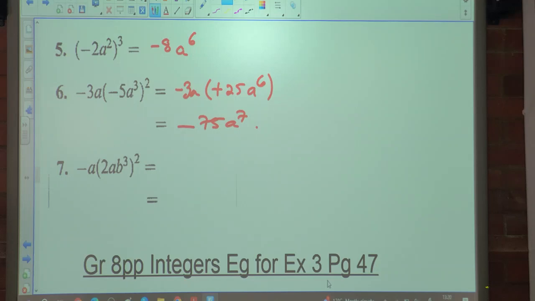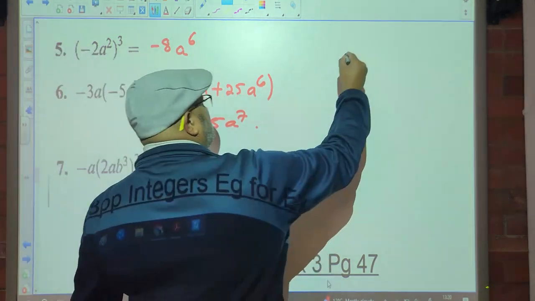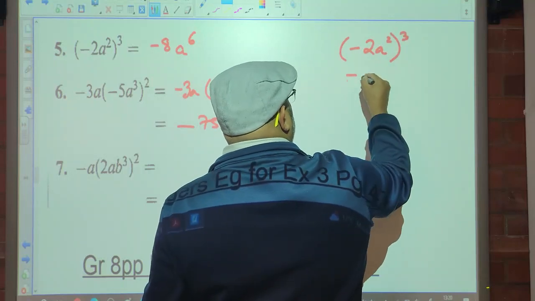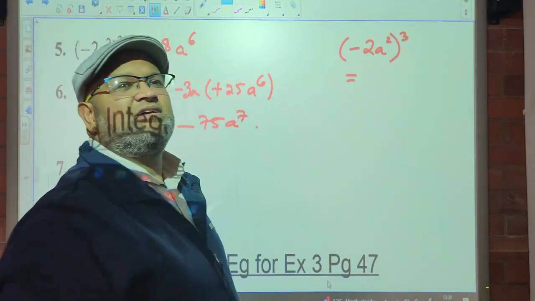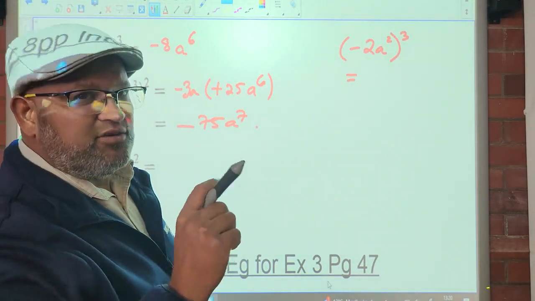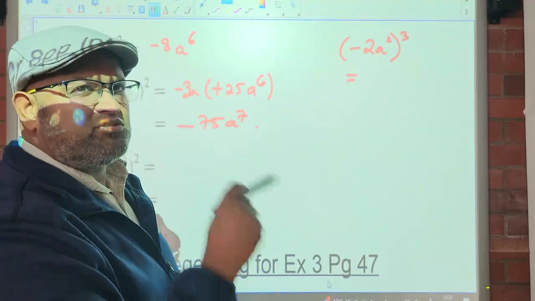Yes, my girl. What don't you understand of number 5? How do you get negative 8? You see, we've got negative 2 squared raised to the power 3. Negative to an odd exponent will be what? Positive or negative?